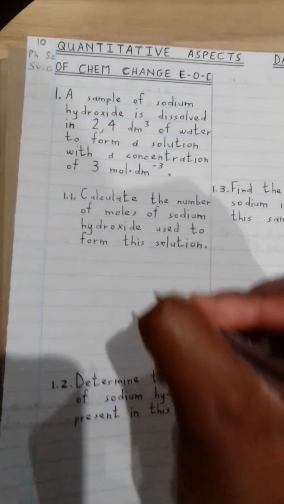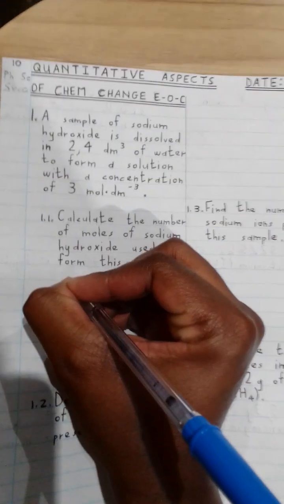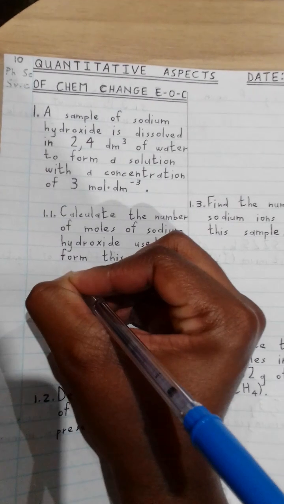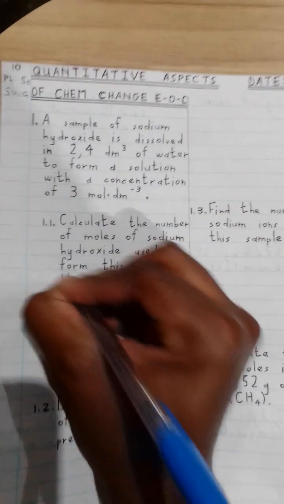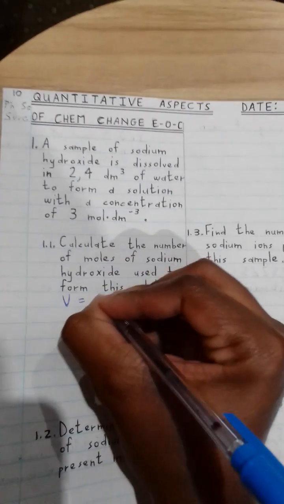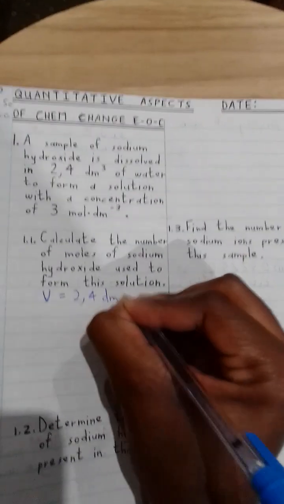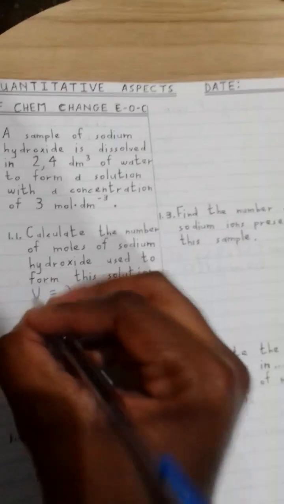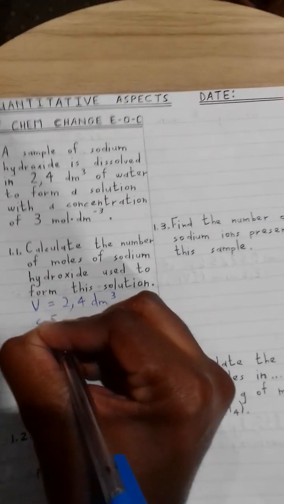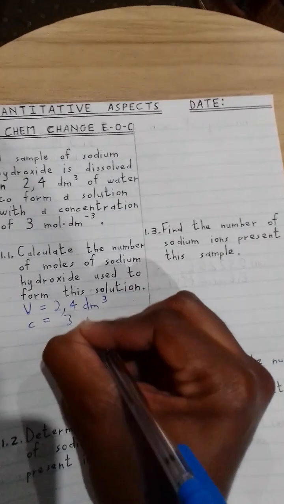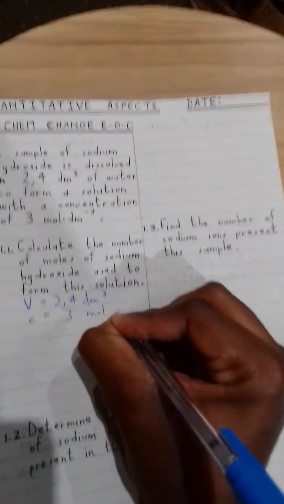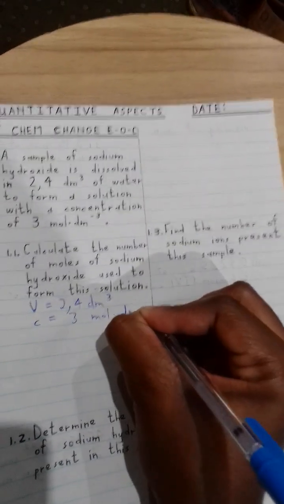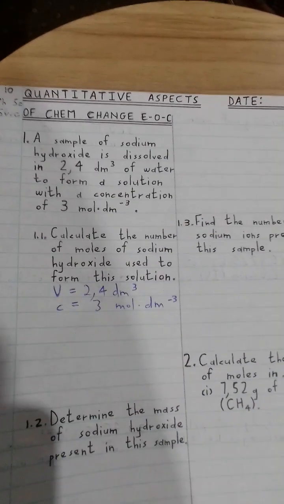So write down the data that you have. V is 2,4 dm cubed. Concentration is 3 mole per dm cubed. So the units are correct.